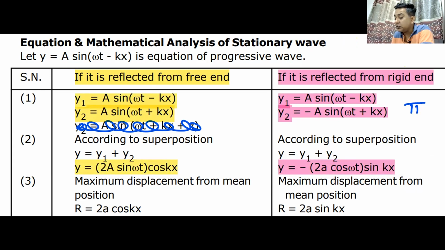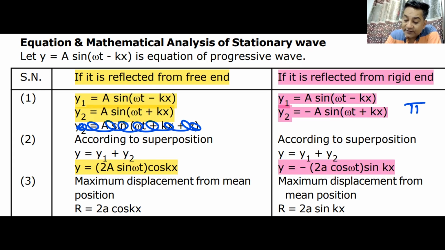So the difference in the two equations is, in the yellow equation you have 2a sin omega t, and on the right hand side you have 2a cos omega t. Do we understand this? Yes, sir. That is how one equation will have sin, the other equation will have cos.